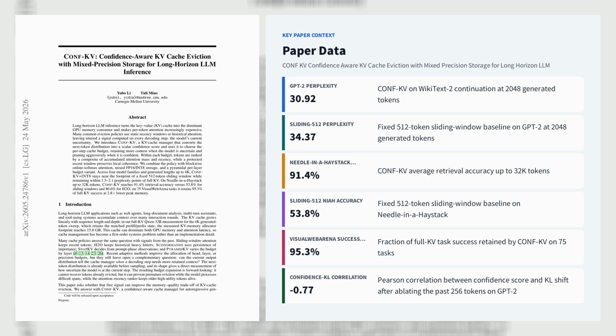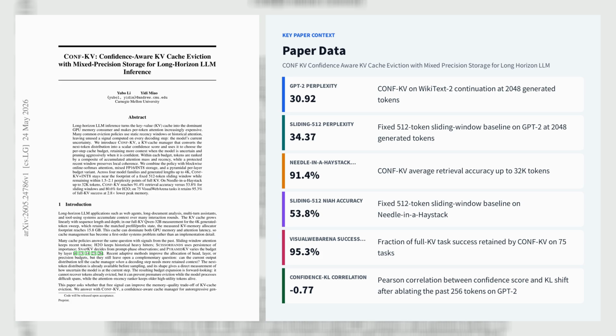Across GPT-2, Qwen 1.7B, GPT-OSS 2.0B, and Qwen 3.2B, the method stays close to a fixed 512 token sliding window memory footprint while substantially improving quality.